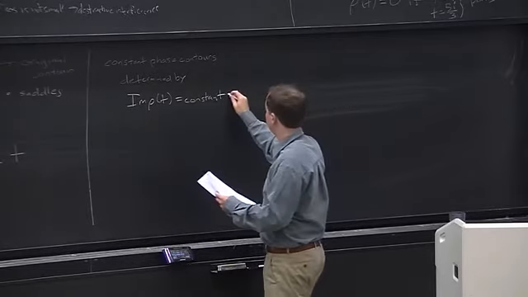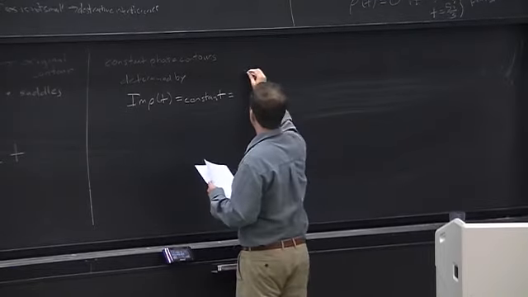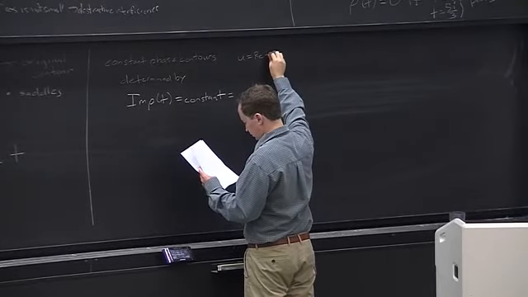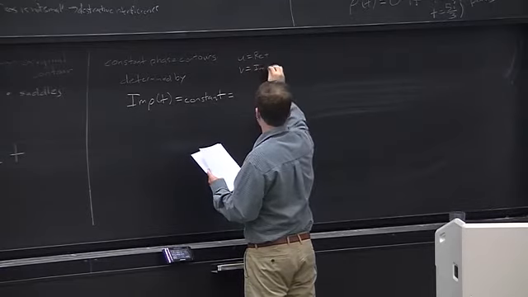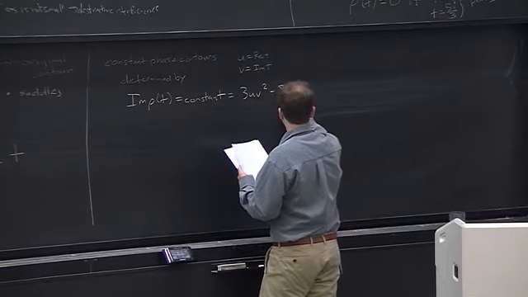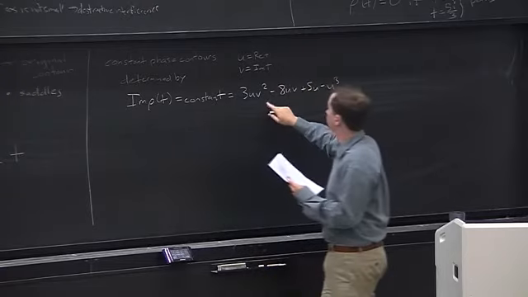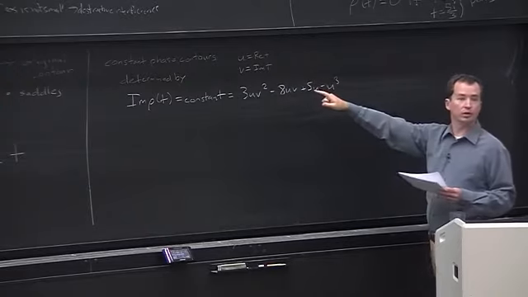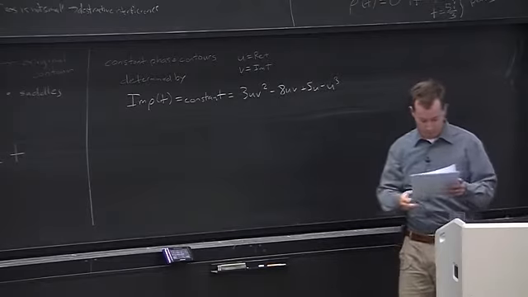And so we can write this if u is the real part of t and v is the imaginary part of t. So just 3uv is 8 plus 5u minus u cubed. Just plug t equals u plus i v into this equation and take the imaginary part.